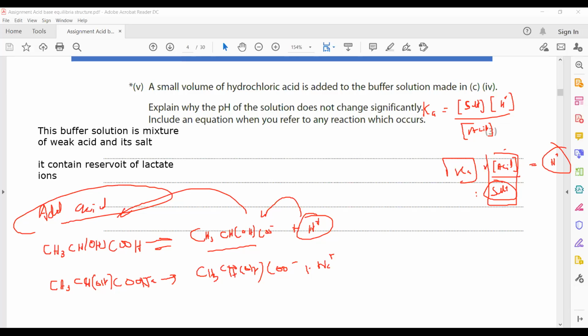That's why the pH will not change. Is it clear how this buffer solution works? Because if the ratio changes, then the pH will change. Is it clear, this part?